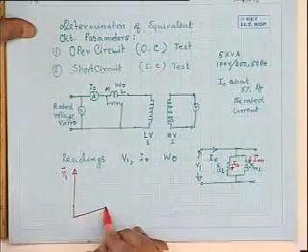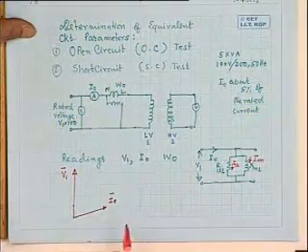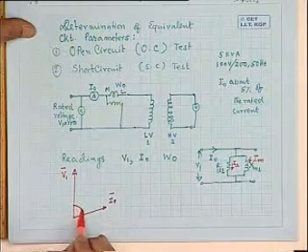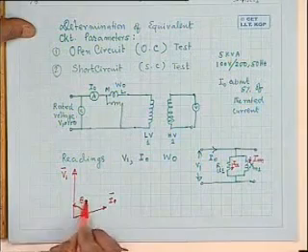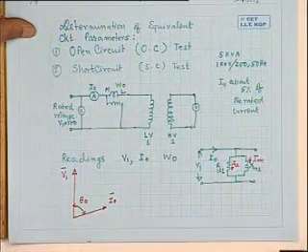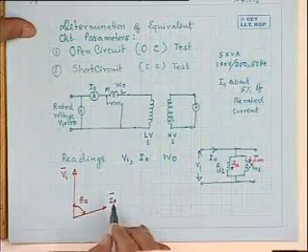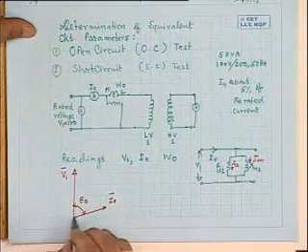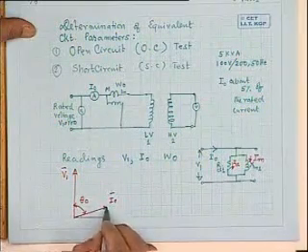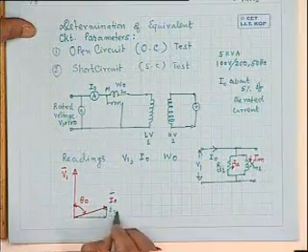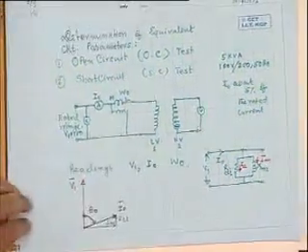This is the no load current, I am drawing in a somewhat larger scale, I naught. This is the no load power factor angle, theta naught. And obviously, this no load current will have two components. One is the ICL component and the IM component.